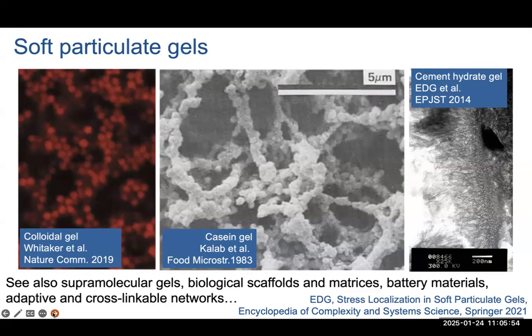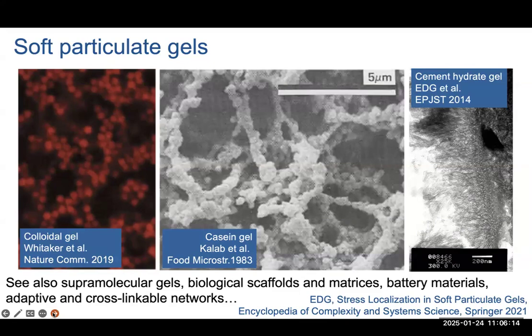And this relates a lot with the people that study these materials in the biological context. So biopolymers self-organize in very specific ways to form biopolymer networks in various parts of biology. And here I have some images.